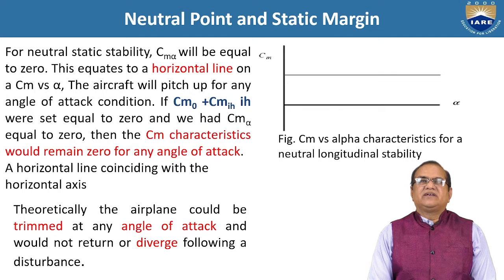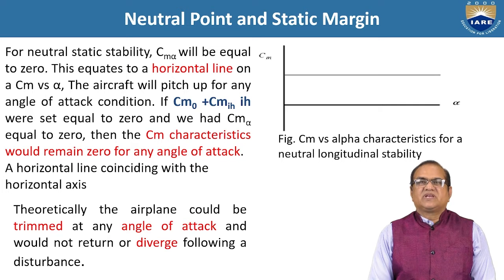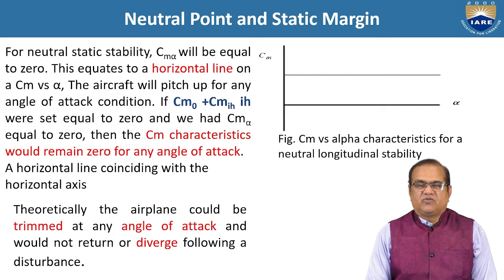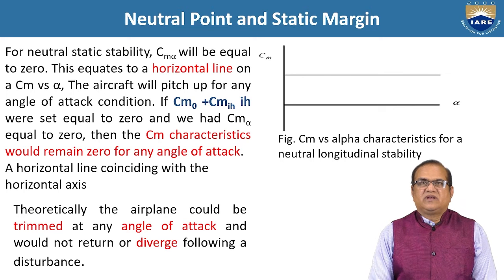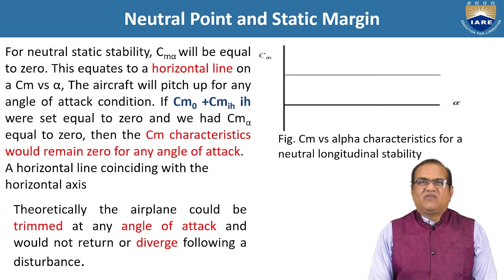So what is the neutral point? For neutral static stability, Cm alpha will be equal to 0. This equates to a horizontal line on a Cm versus alpha plot.